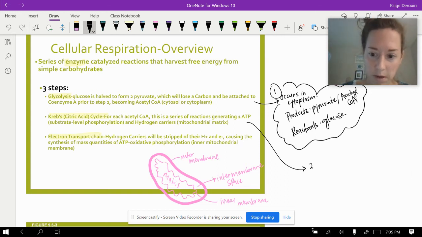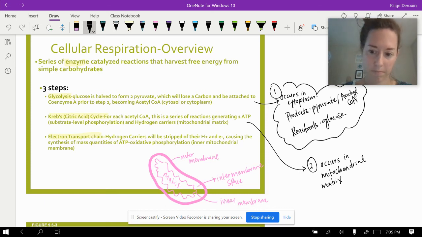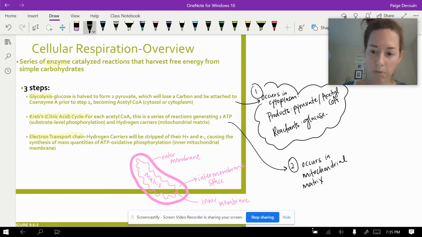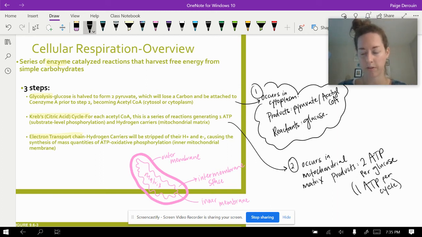So for step 2, I'm going to say occurs in the mitochondrial matrix, and the products are 2 ATP per glucose, which is 1 ATP per cycle, but 2 cycles because there's 2 pyruvates.